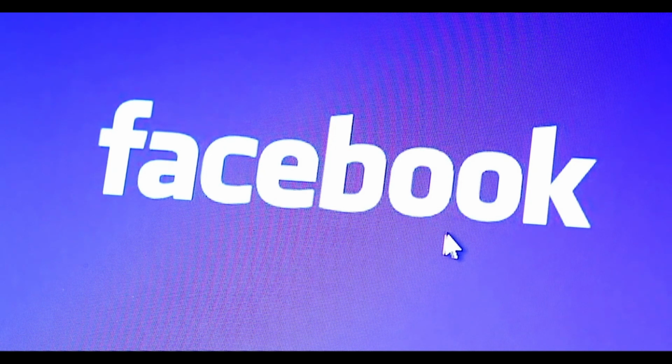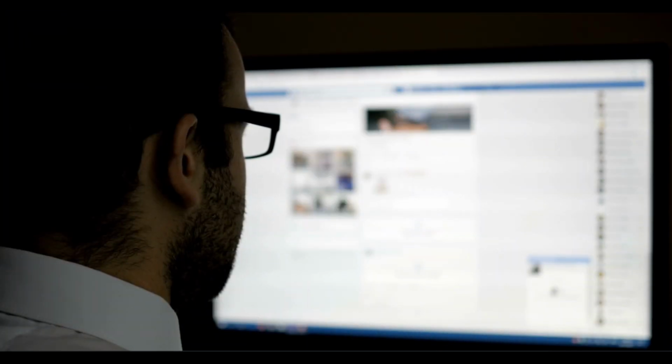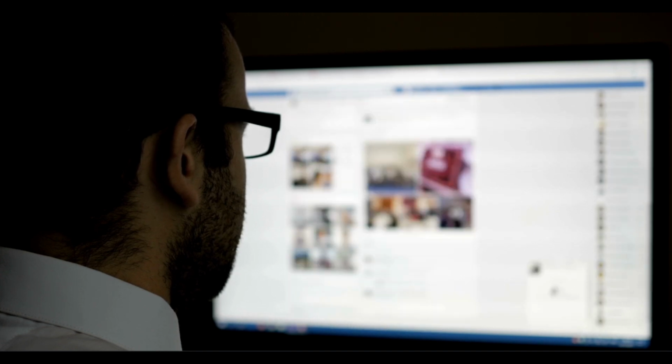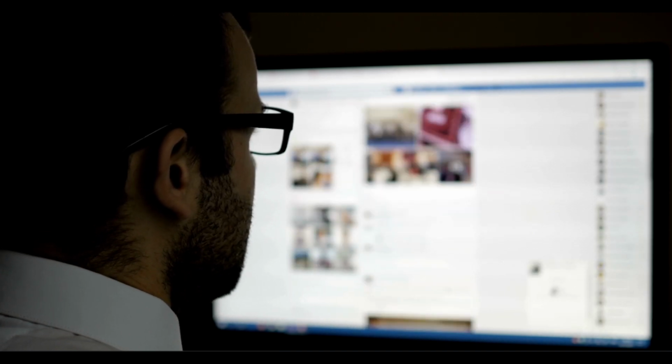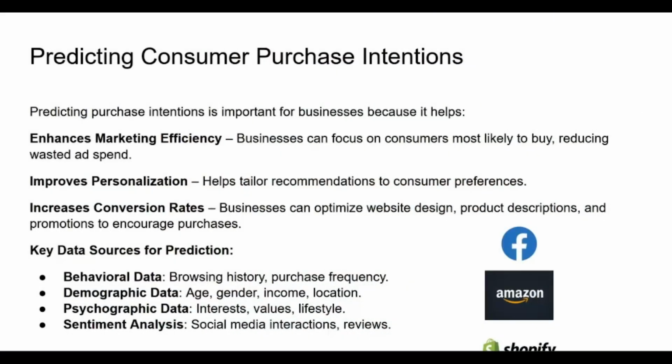It improves personalization. Companies can tailor product recommendations based on consumer preferences. It's kind of like Amazon suggesting products based on browsing history. And it increases conversion rates.